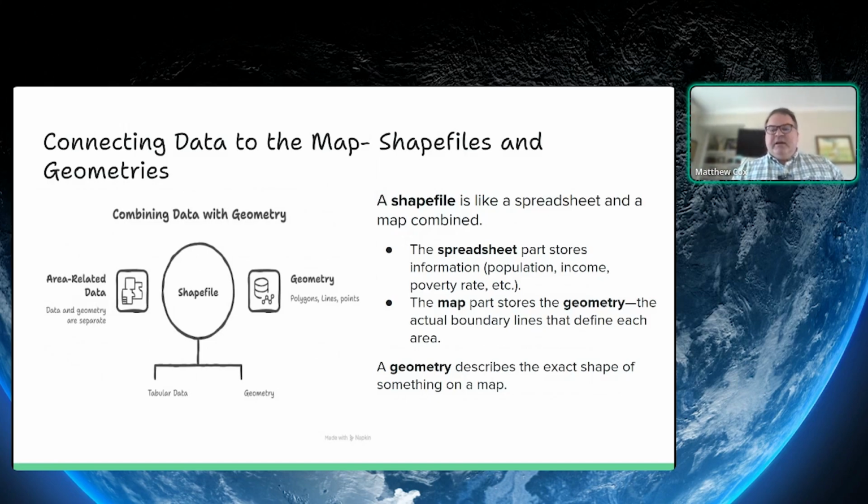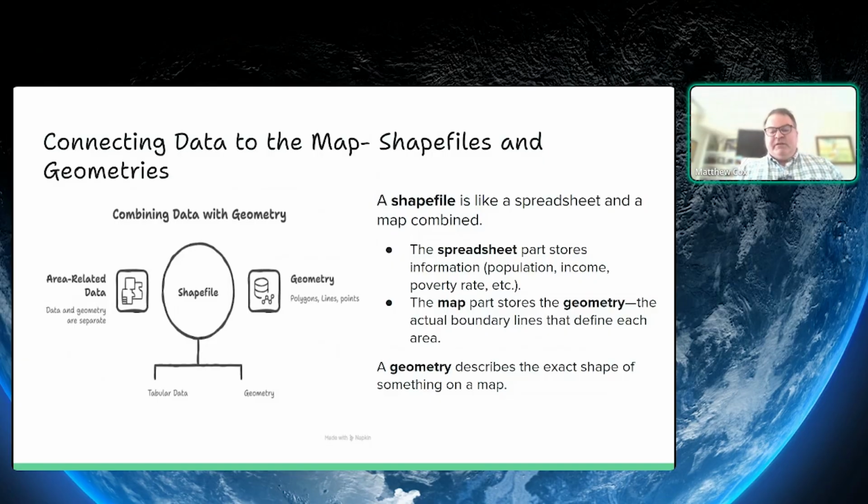It's tabular, and it stores basically information just like anything else: population, income, poverty rate. There's so many things you can pull from the U.S. Census, but it also stores geometry.